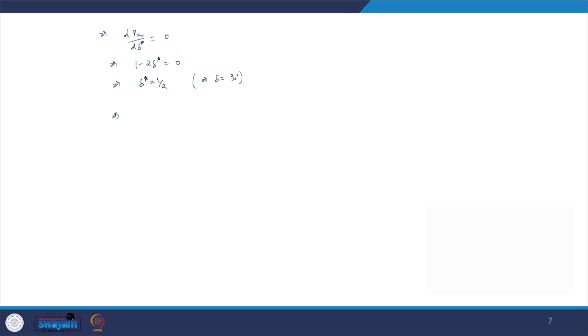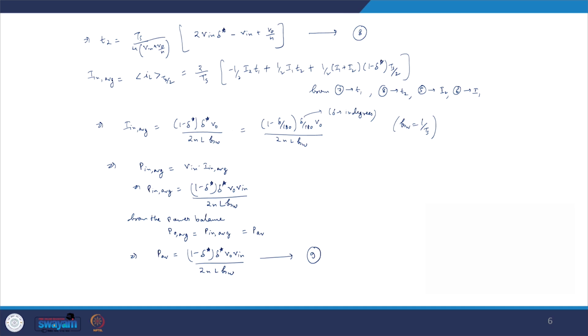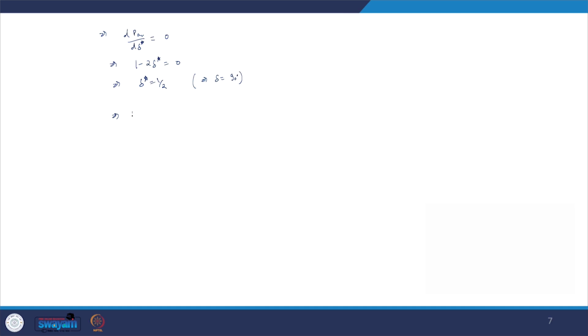If we put delta star in equation number 9, we get P average maximum equal to V naught V in times half times half divided by 2 L FSW, which implies P average maximum is equal to V naught V in divided by 8 L FSW.